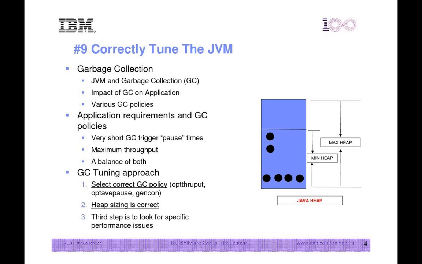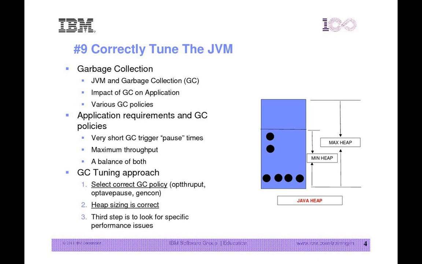How do you really select the GC data, and how do you analyze it? I think that's one of the questions I keep getting from a lot of customers. For that, I will move to the next slide. There is a feature of the JVM called verbose GC.